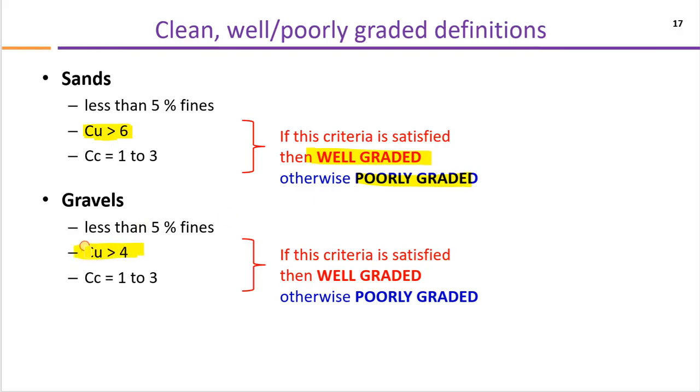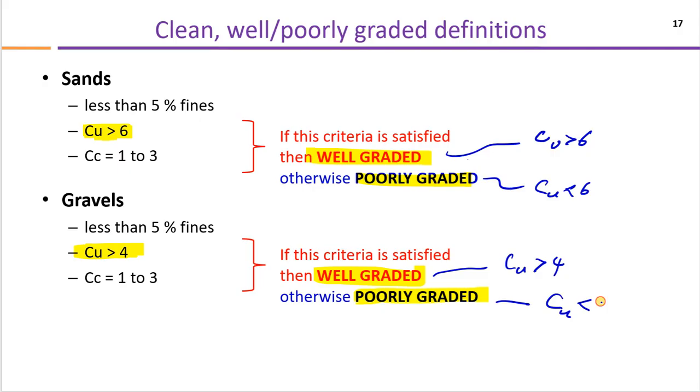If Cu is greater than 4, it will be called well graded, and if Cu is less than 4, it will be called poorly graded. So you don't have to memorize these two values. Just remember Cu is greater than 6 here and less than 6 here; greater than 4 here and less than 4 here.